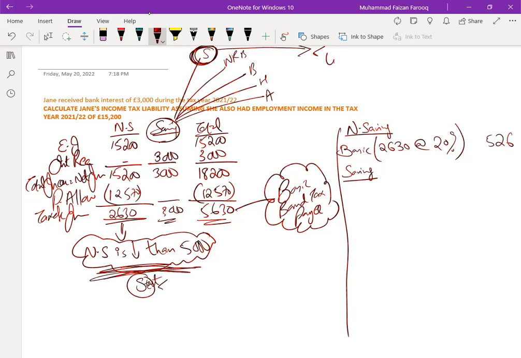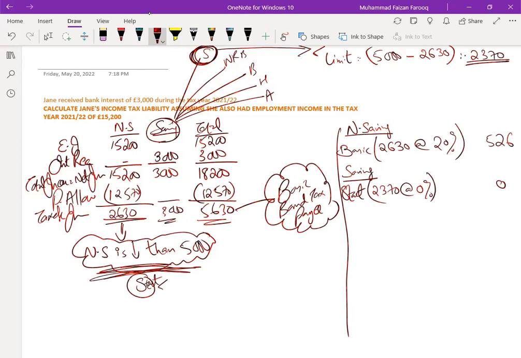So the limit of the start band will be 5,000 minus taxable non-savings, which is 2,630. How much is the limit? 2,370. Very good. This is my maximum limit of the start band for savings income. 2,370 at the rate of 0%. Answer is 0. Right or wrong?